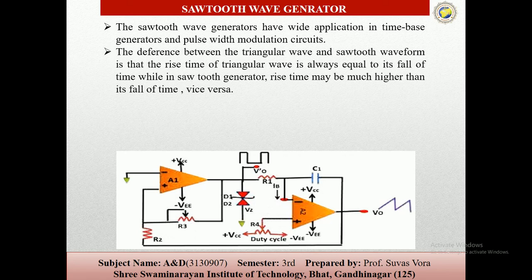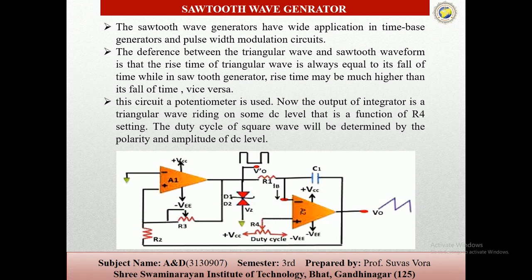The difference between the triangular wave and the sawtooth waveform is that the rise time of the triangular wave is always equal to the fall time, while in the sawtooth the rise time may be much higher than the fall time and vice versa. You can see here the sawtooth wave has a rise time higher and a fall time lower. So these are the differences of the sawtooth wave generators.